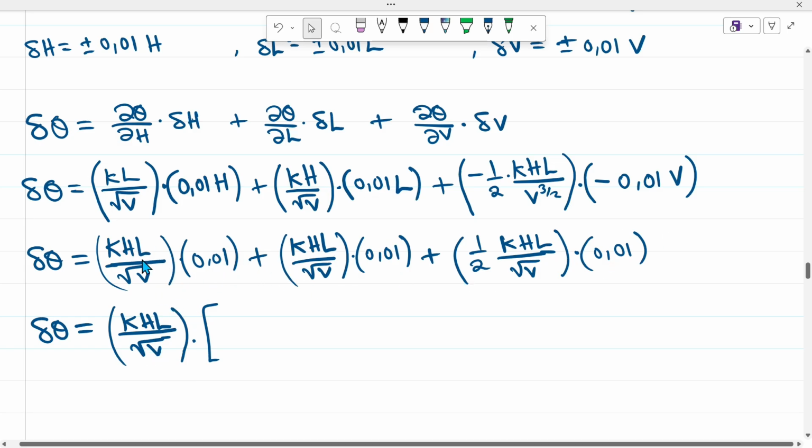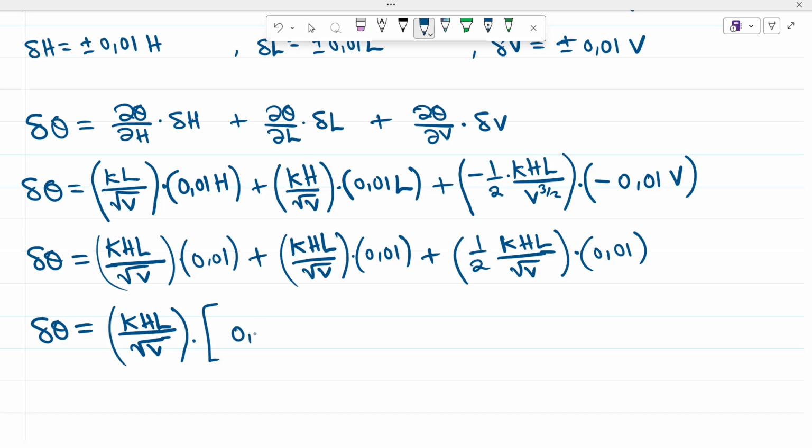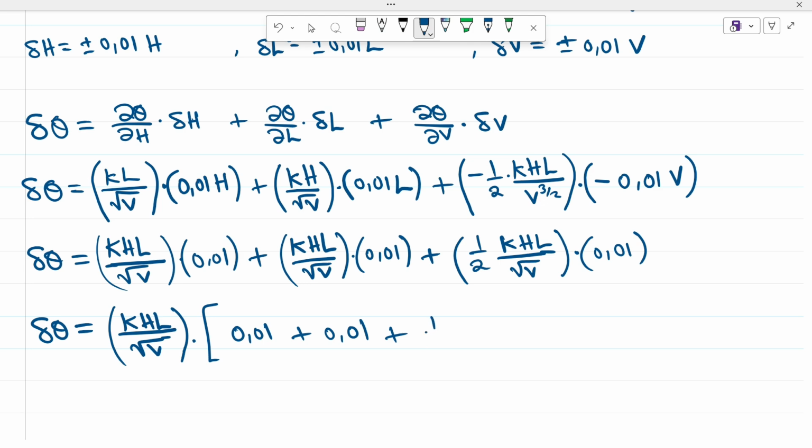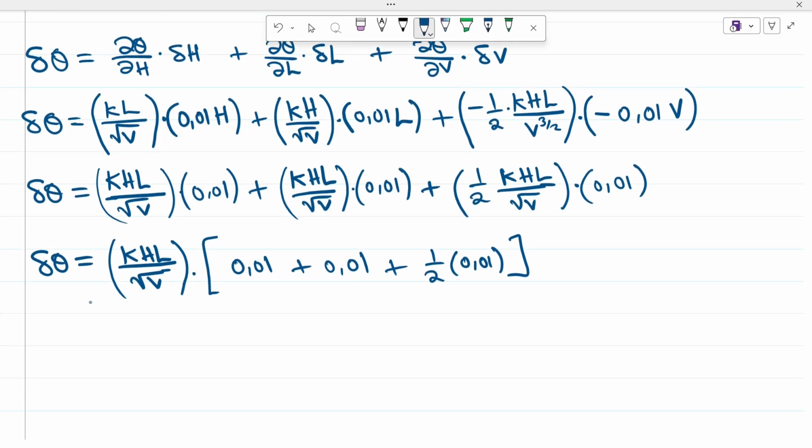So when I take it out here, I will be left with just 0.01 plus this case is going to be 0.01 as well, and then plus here when I take khl, I'll be left with 1/2 by that. So plus 1/2 of 0.01, just like that.